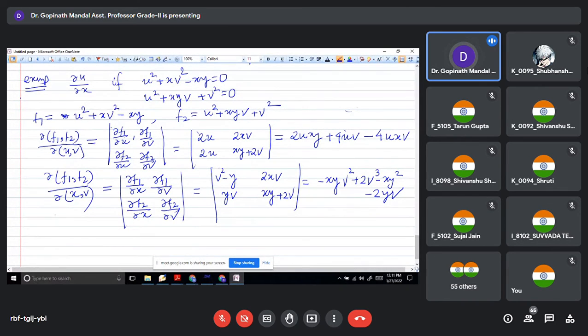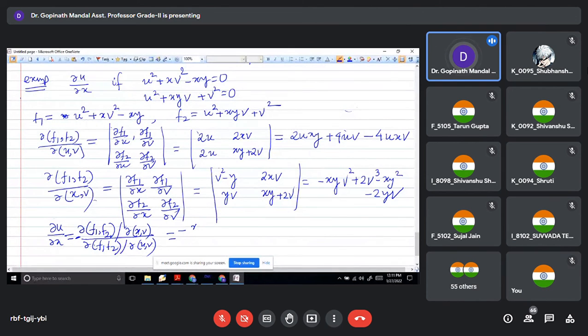Now what is del u del x? Del u del x, the formula is the Jacobian of f1 f2 with respect to x v, divided by the Jacobian of f1 f2 with respect to u v, and there is a minus before this.